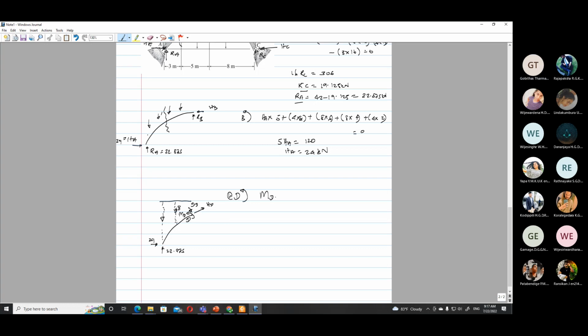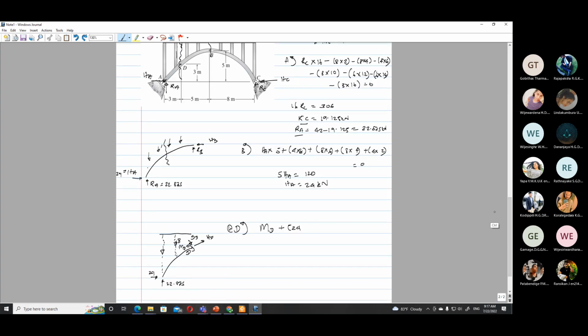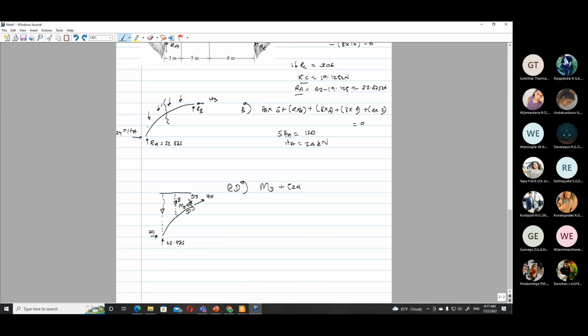Counterclockwise, then 24 into 3. The reaction 24 at 3 meters is counterclockwise, so that is going to rotate like this. So 24 into 3.